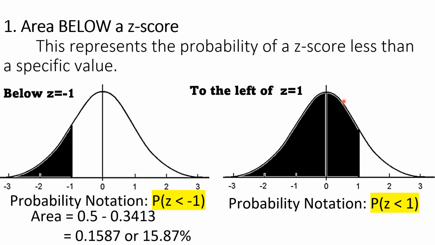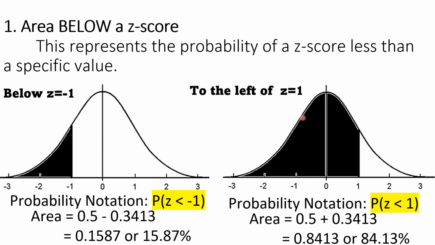So what will you do to this area, 0.3413, to get this area which is shaded? Just simply add 0.5, this area, plus this area which is 0.3413. Therefore, that is 0.8413 or 84.13%.